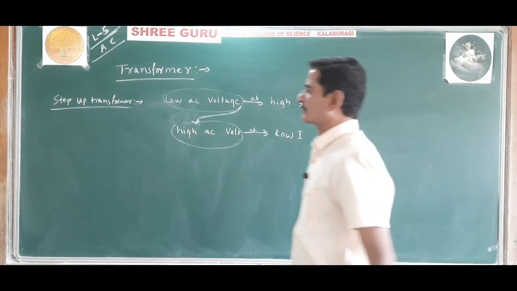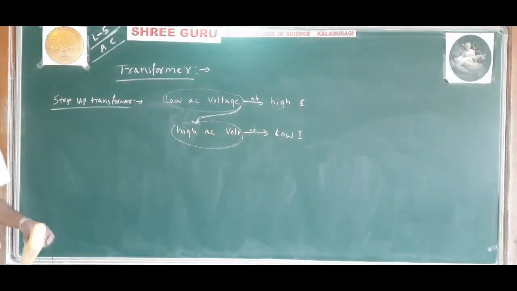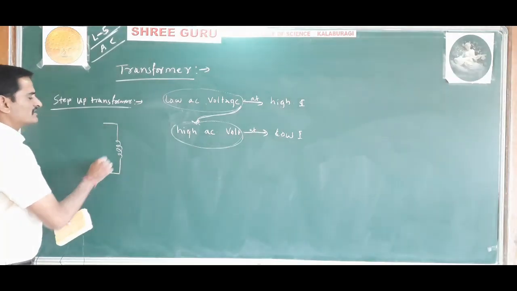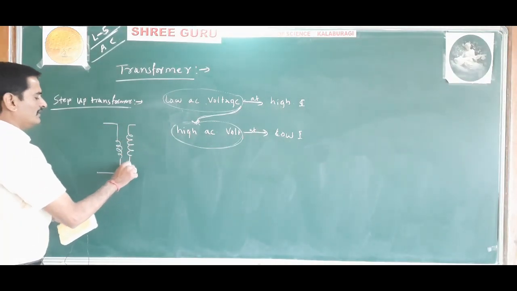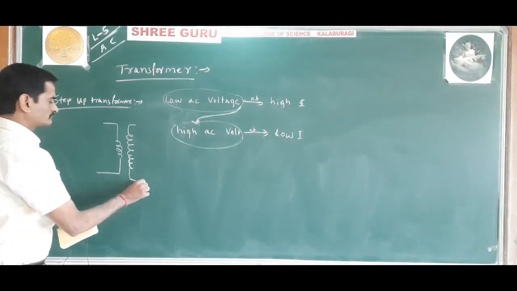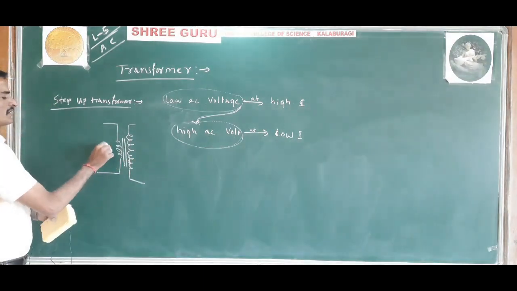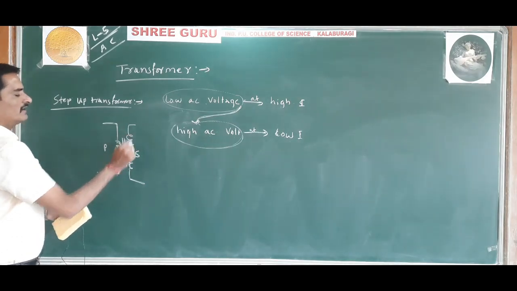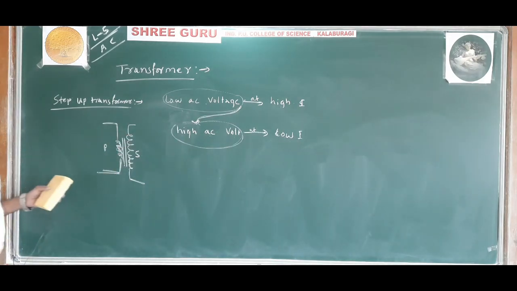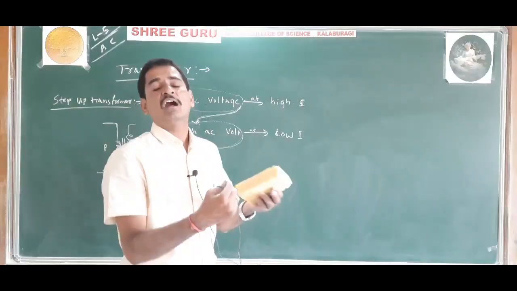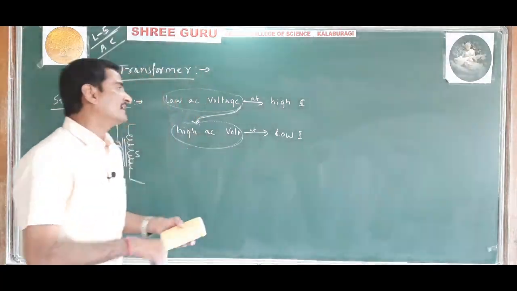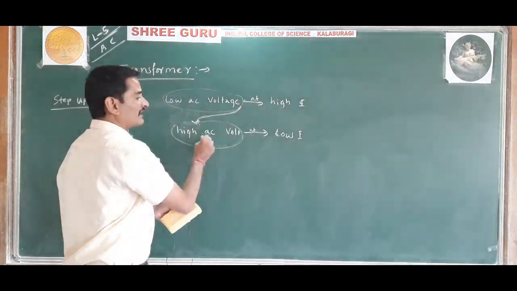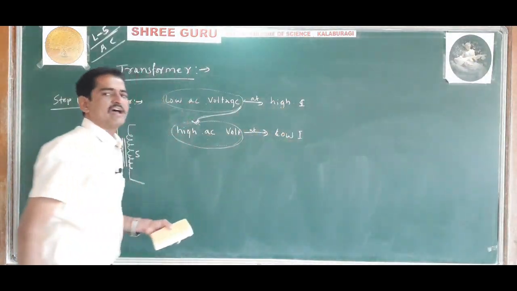And the circuit symbol for a step up transformer is as shown in the figure. A step up transformer increases the alternating voltage by decreasing the current.